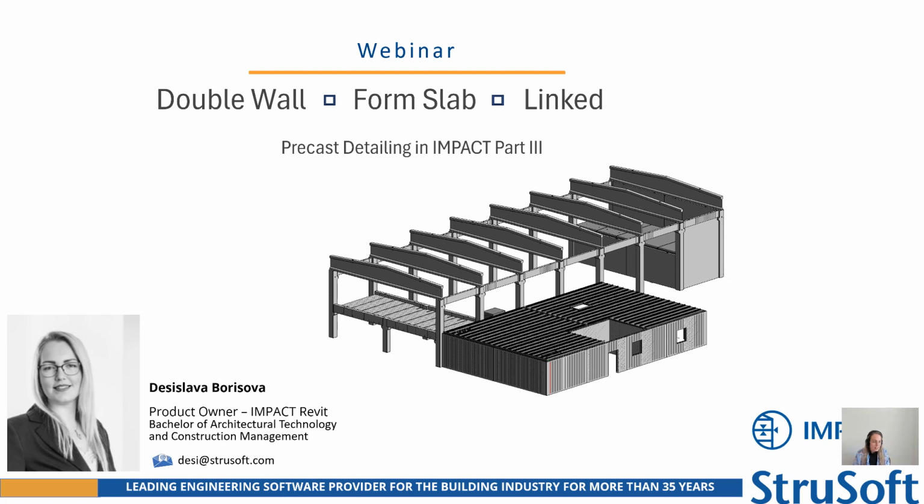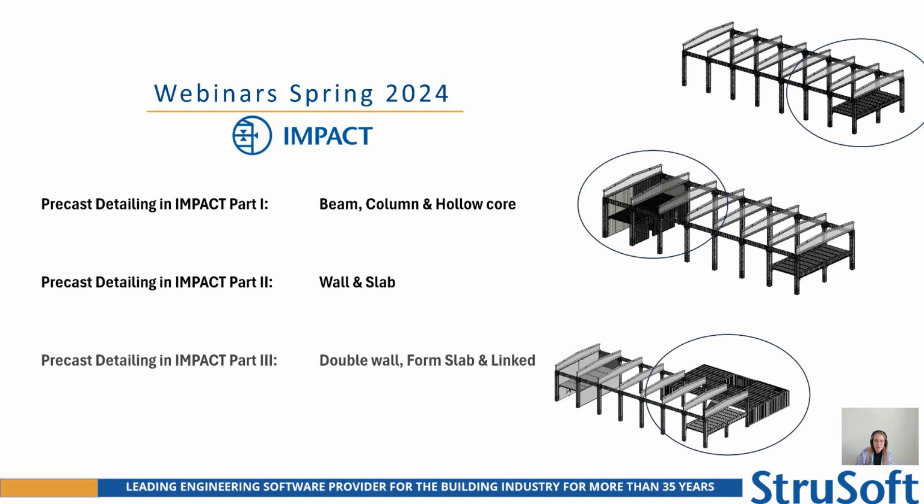This is Precast Detailing and Impact Part 3 webinar, and we have already been through modeling of beam columns and hollowcore. The picture that you see here above shows you the building that we got out of it, the structure. Then we went and built some walls and slabs in part 2, both solid and sandwich walls.